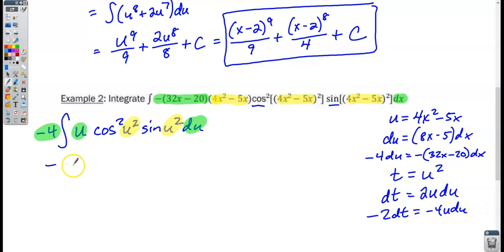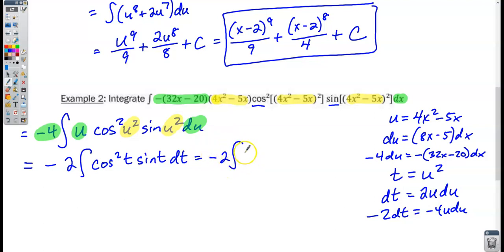So I can replace, and this is now equal to negative 2 integral of cosine squared of t sine of t dt. At this point, it's important for me to remember that cosine squared means cosine of t quantity squared, because I'm going to do one last substitution.